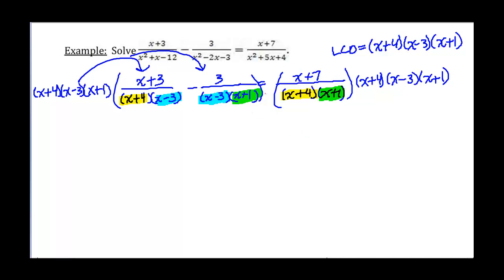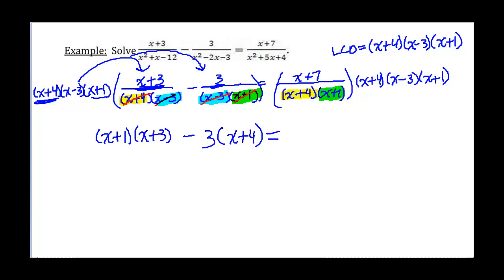For instance, if I look here, the x plus 4 and the x minus 3s are going to cancel, and I'm going to be left with x plus 1 times x plus 3. All right, the x plus 1 is here. x plus 3 is in my numerator there, all right? When I distribute to my second term, the x minus 3 and the x plus 1s are going to cancel, and I'm going to be left with the minus 3, which is in my numerator here, and the only thing that didn't cancel was that x plus 4, which is sitting there.